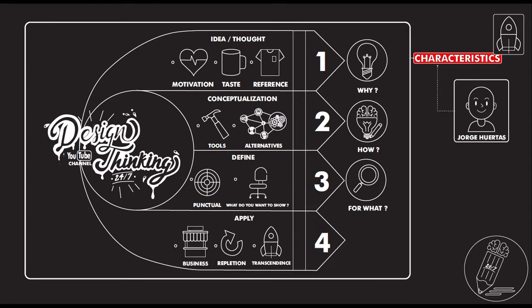And finally, you need to know how to apply your concept. It means that it can be applied to a business, it can be applied to a thought. It means that you are making a reflection of the thing that you want to be focused on. But it's also very important, a good concept always transcends.